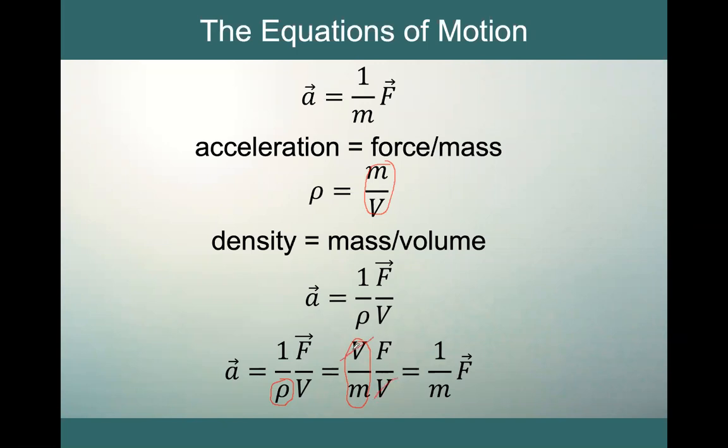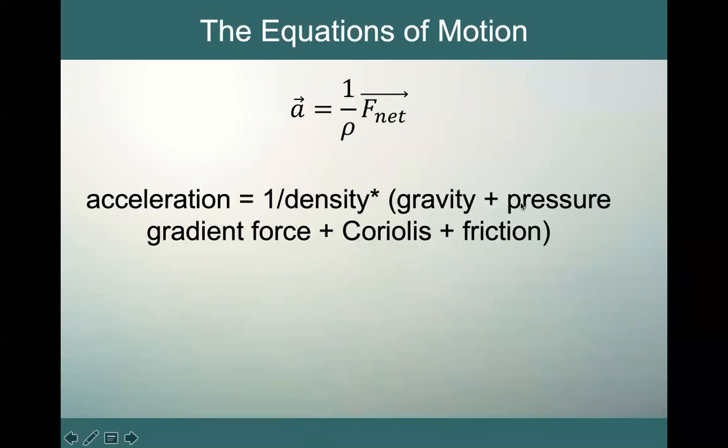What I'm left with is 1 over the mass times the force, which is exactly what we had to begin with, Newton's second law. All right, so using our expression, let's get started.